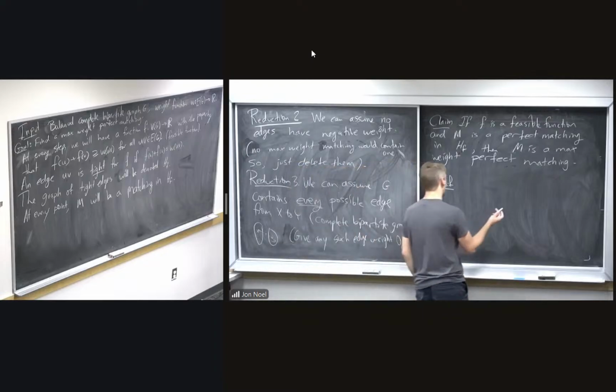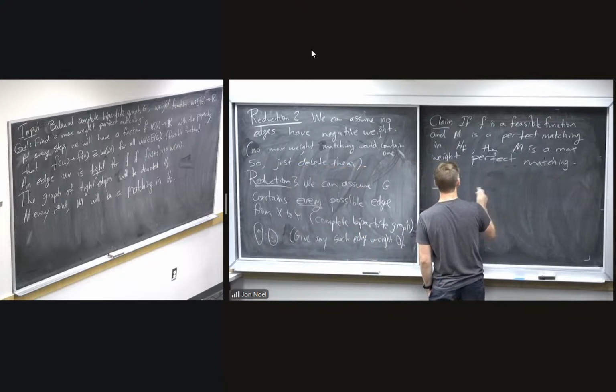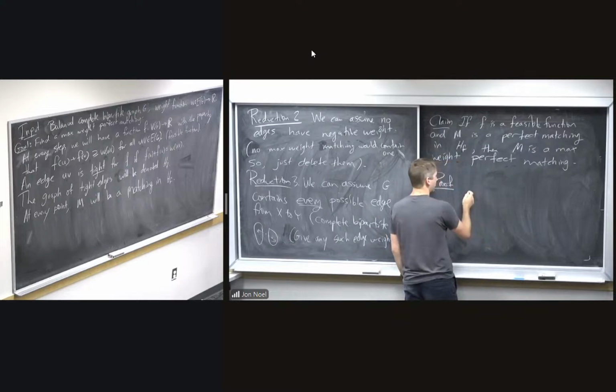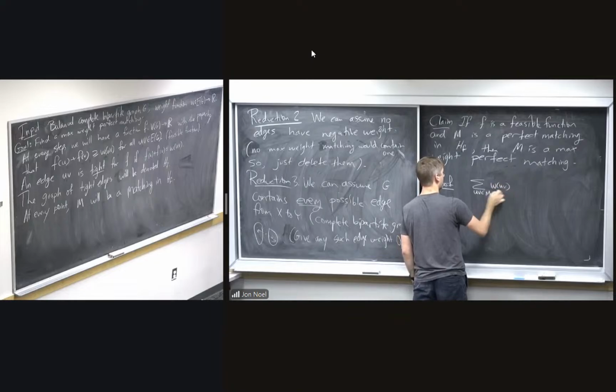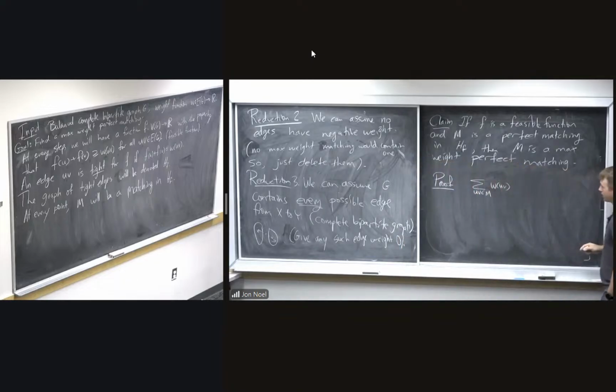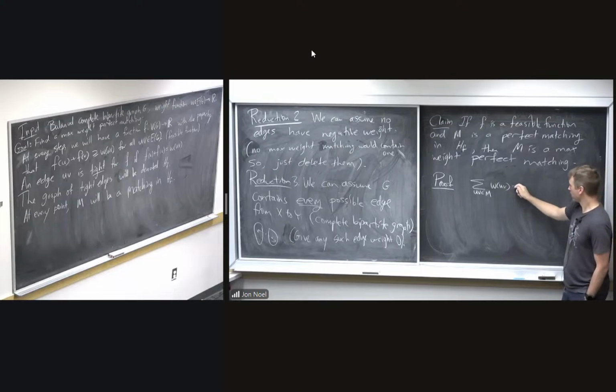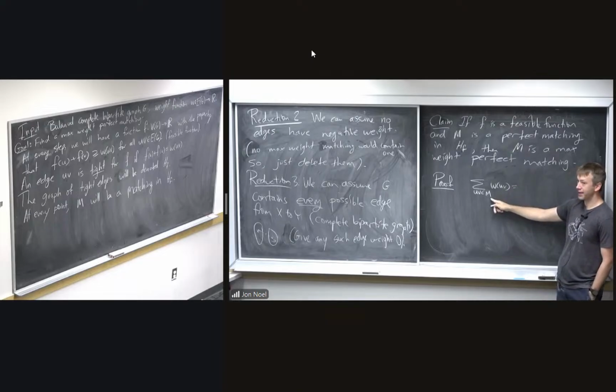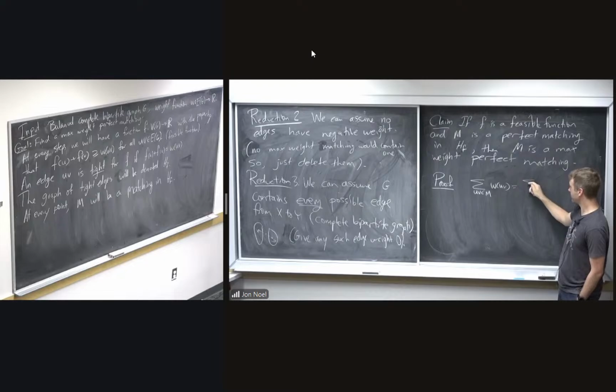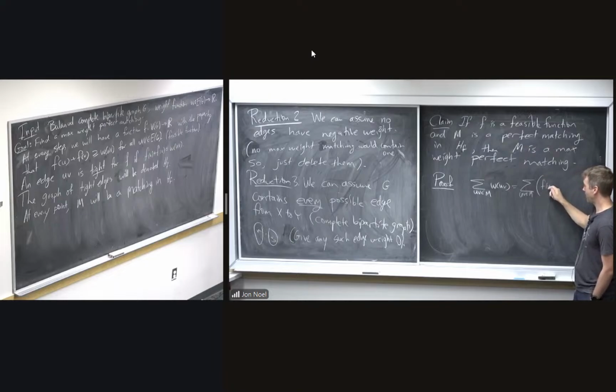Well, if I sum over all the uv in M of the weight of uv, I know that all of the edges in M are tight, so I can just replace this by f of u plus f of v.